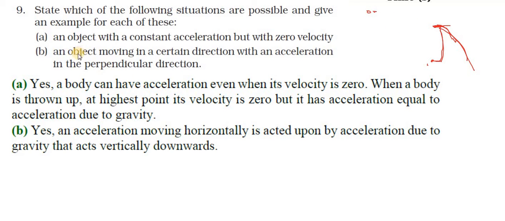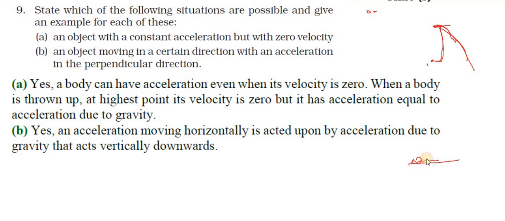Okay, next: can an object move in a certain direction with an acceleration perpendicular to that direction? Yes, this is also possible. An object moving horizontally is acted upon by acceleration due to gravity, which is vertically downward. Suppose a table is here, and a ball is moving at this point.